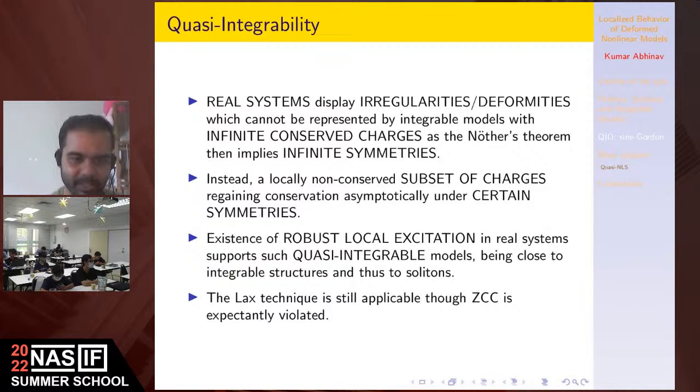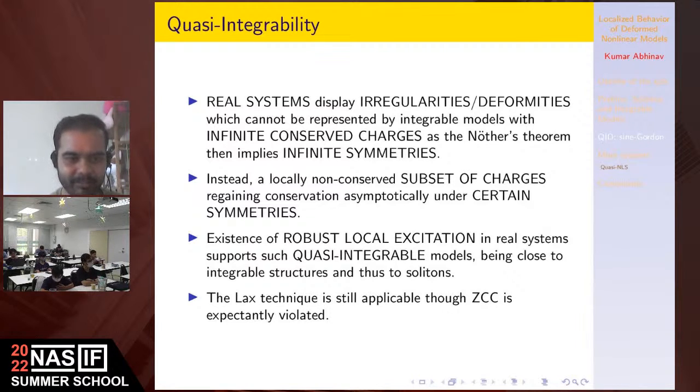We need something which cannot have infinite conservation locally, because there are local deformities, but there are localized excitations. That means, at least asymptotically, if you take the limit x going to infinity and t going to infinity, that model should give you an integrable structure, meaning that all charges should get conserved.